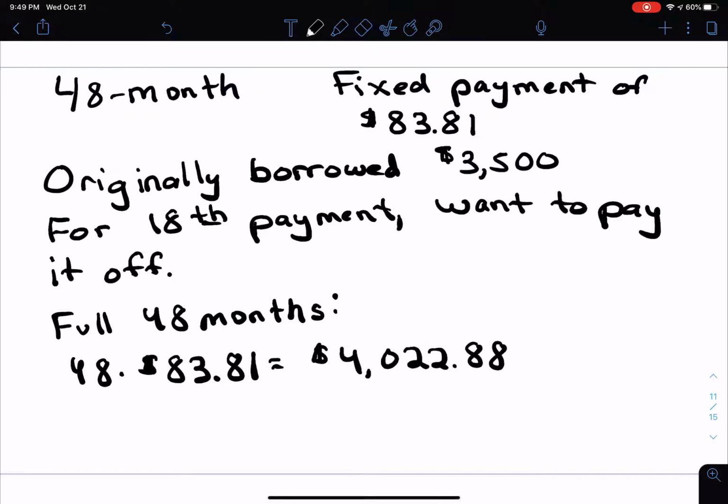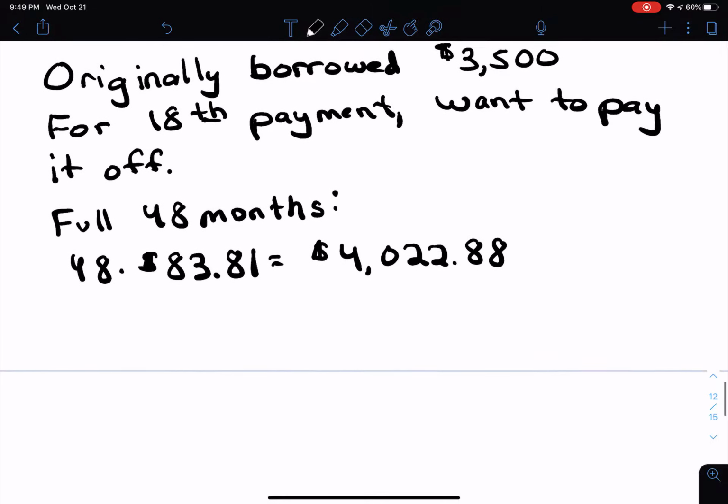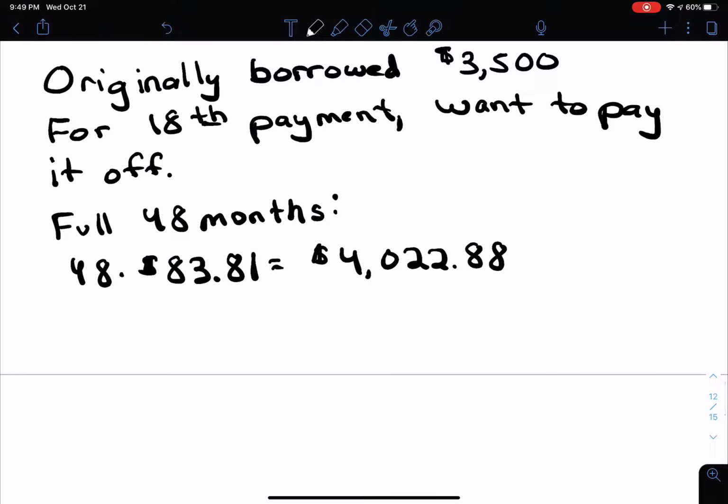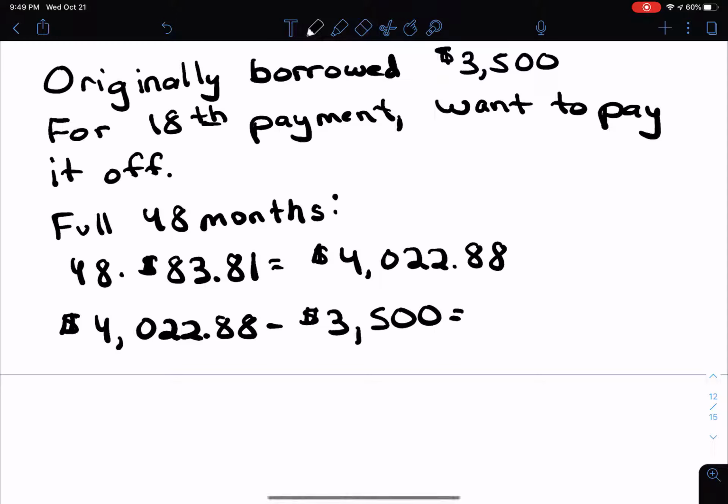That's if this was paid completely. And the original amount borrowed was $3,500. So the finance charge, if you paid the full 48 months of payments, would be that $4,022.88 minus the $3,500 originally borrowed. So that would be $522.88.